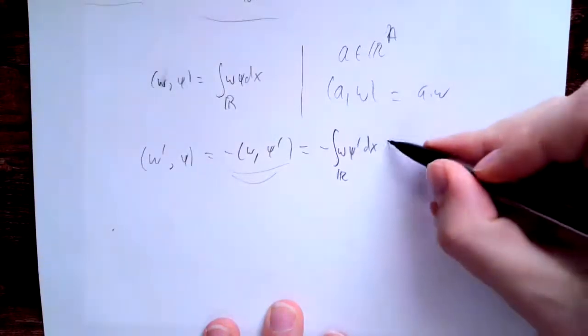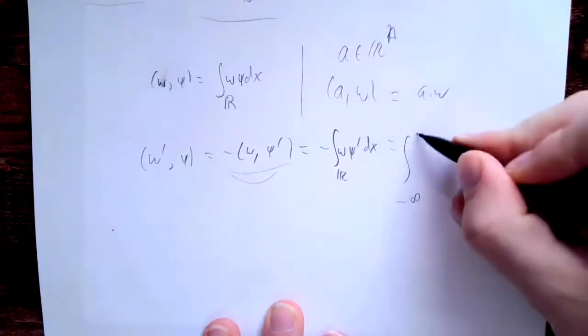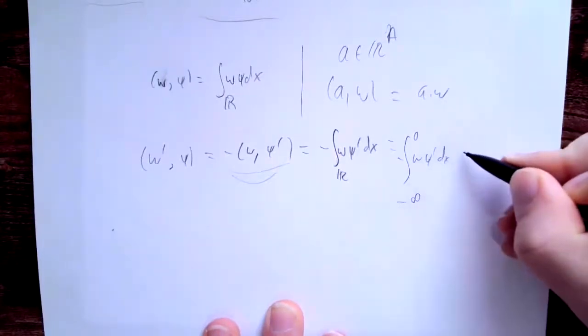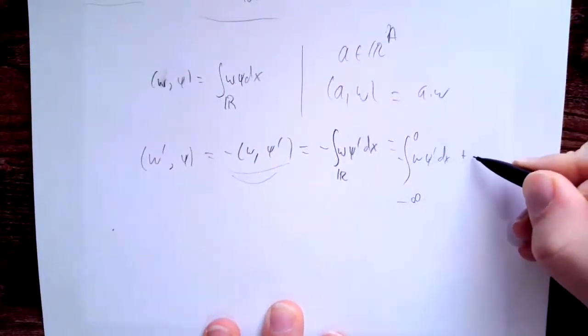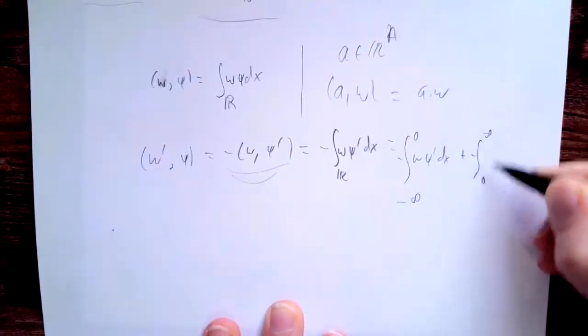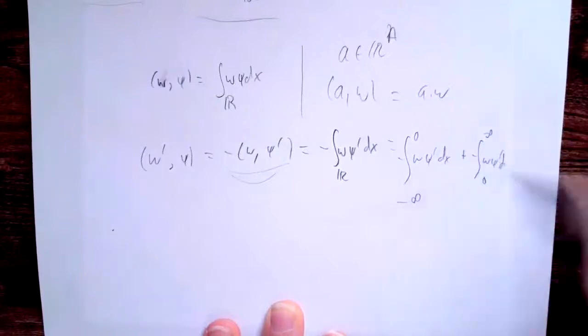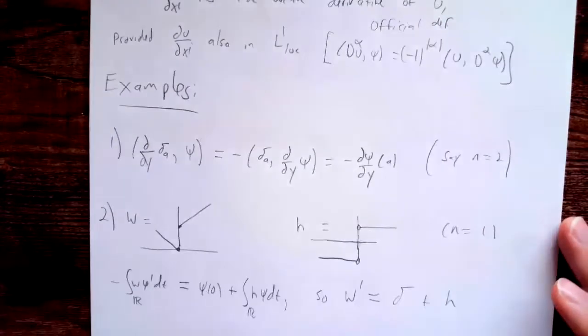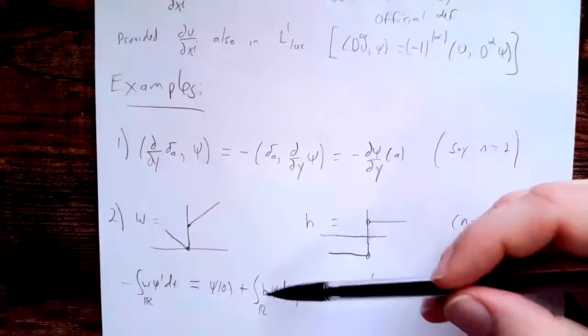Once you get to this step, you're going to say negative infinity to 0 plus 0 to infinity of W psi prime, and then start plugging in your formula for W and do integration by parts. And then you'll see this.